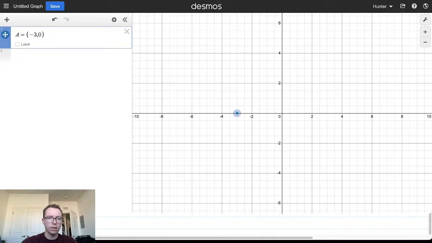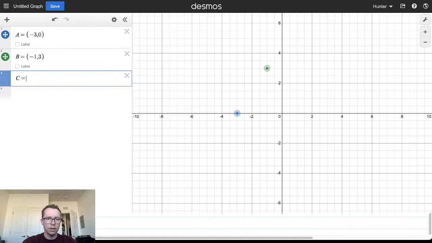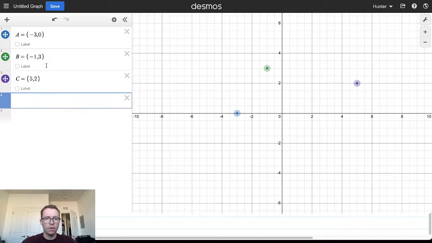A equals, yeah. And then we have B equals -1, 3. And then we have C equals 5, 2. And then D equals 3, -1.